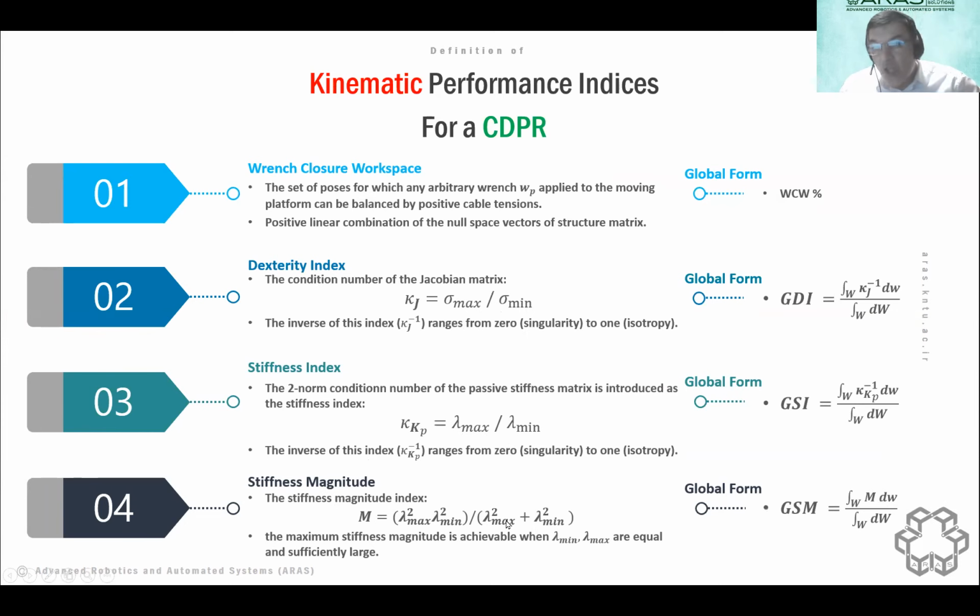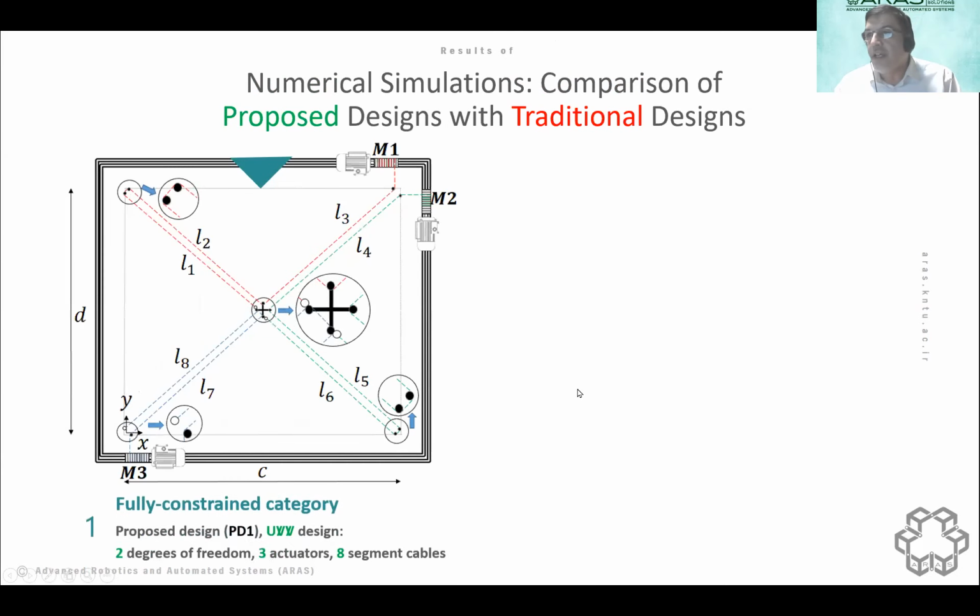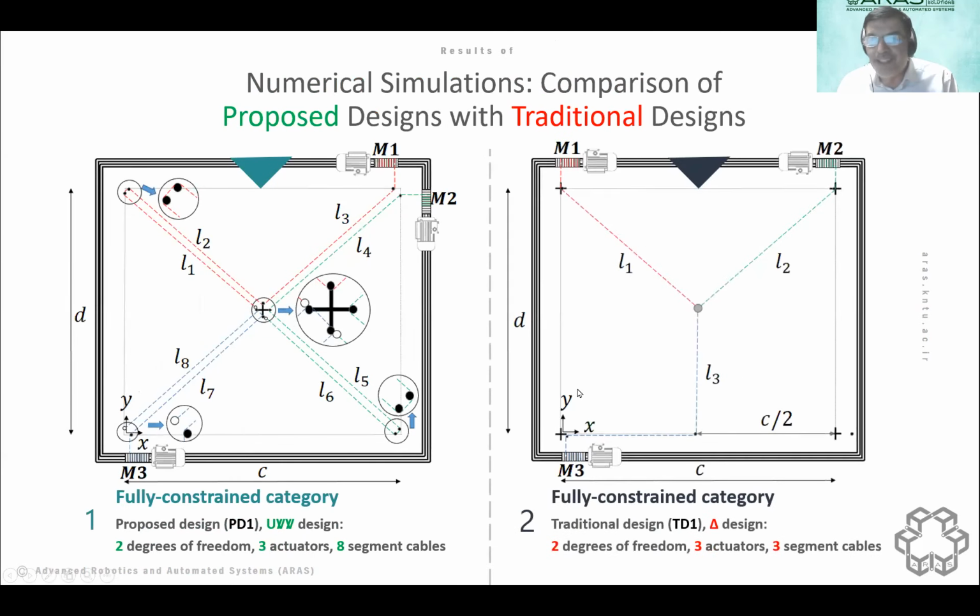Since we would like to have more stiffness and a faster response, we have also used global measures here as indices. And finally, we compared different designs now: some parallelogram designs with respect to some simple non-parallelogram designs.